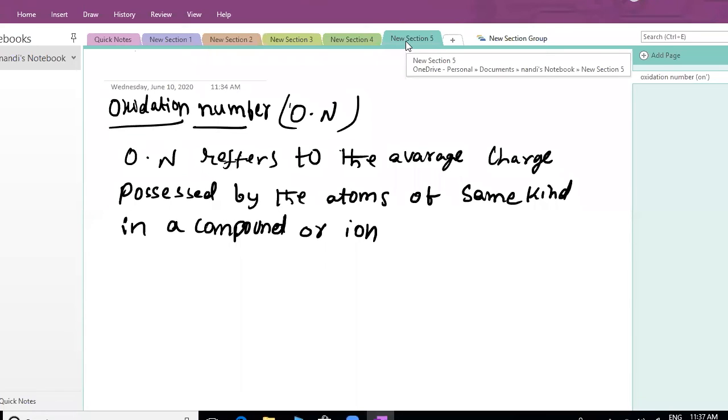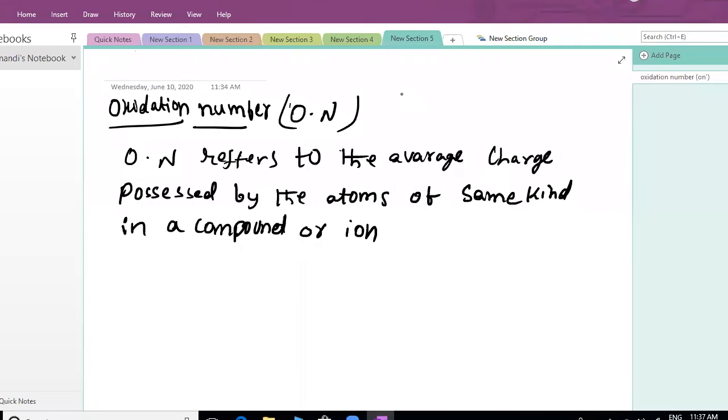Can you read this point? How many people understood? To calculate oxidation number, we have some rules, like the mobile games you play, different games every day. Like every game, they have some rules. Like here also, we have some rules. Those rules I'm going to write.